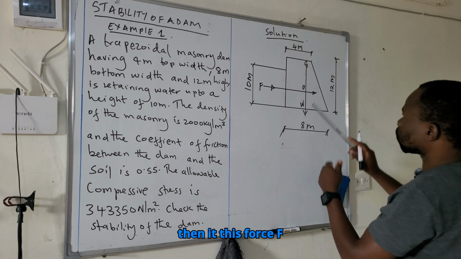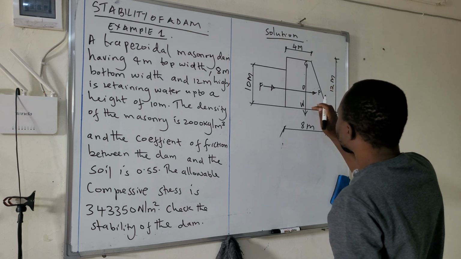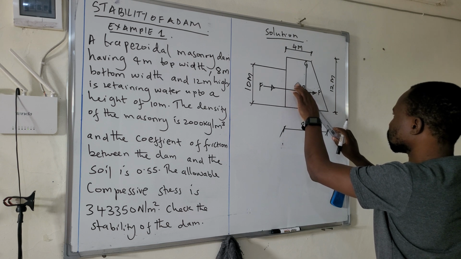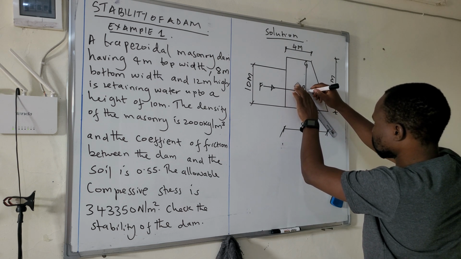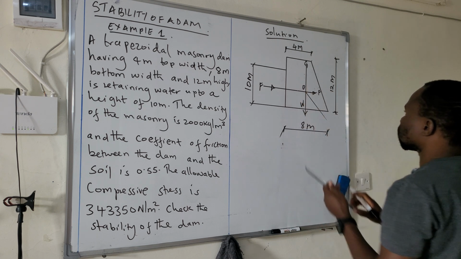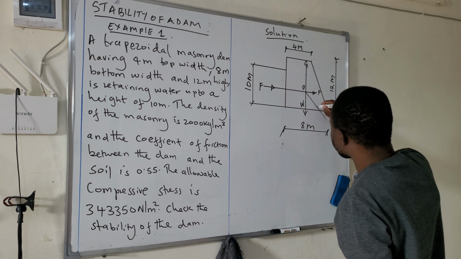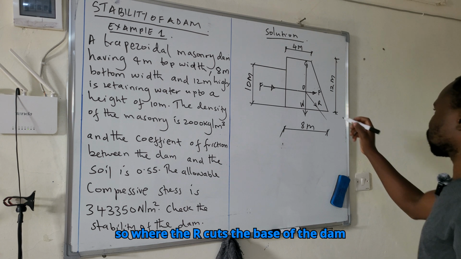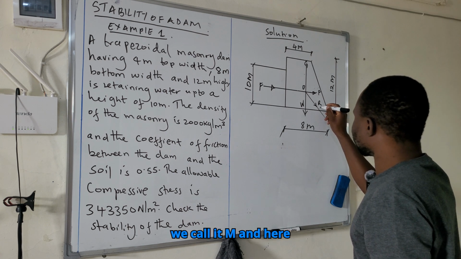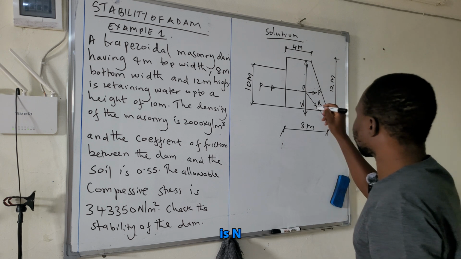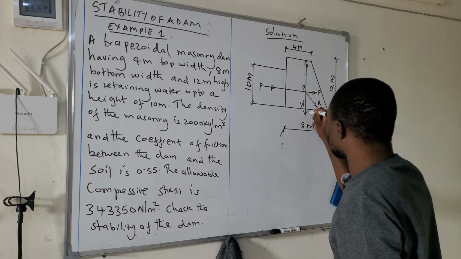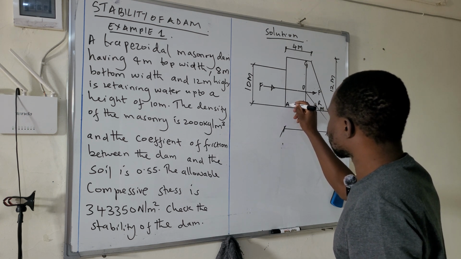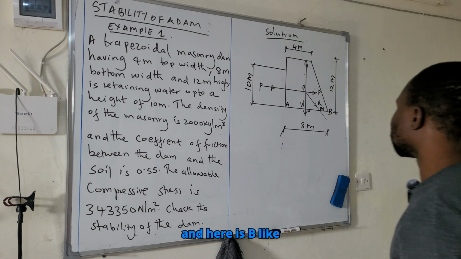And then this force F and force W produce a resultant force, which is R, like that. So where the R cuts the base of the dam, we call it M. And here is N. And here is A. And here is B. Like that.